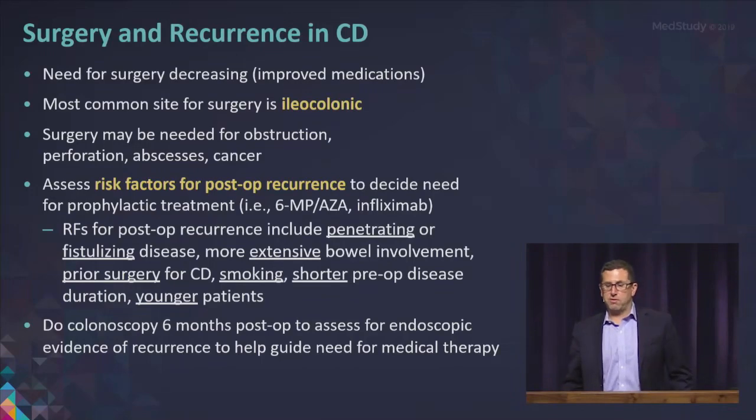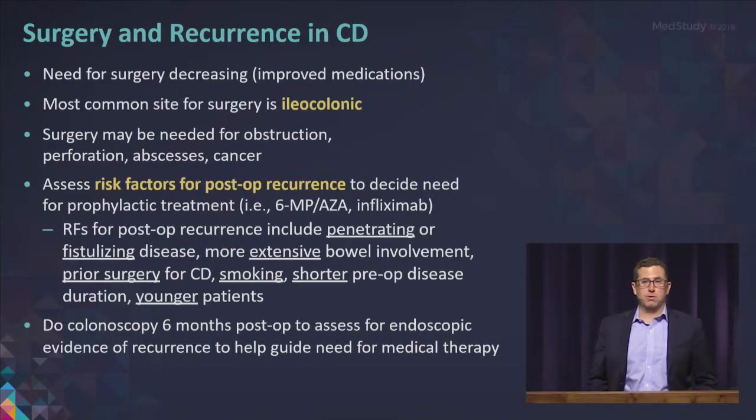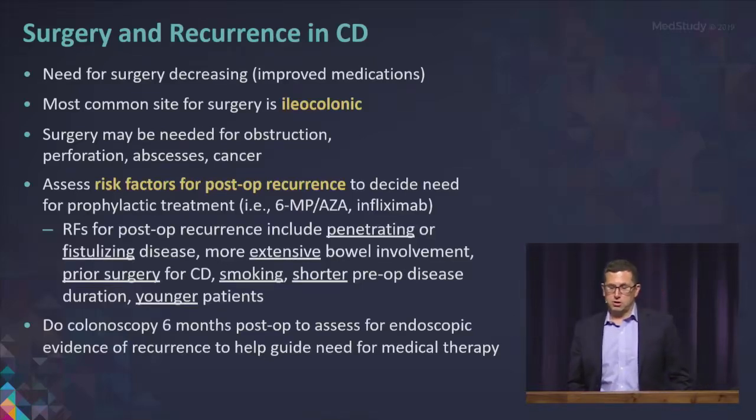So some risk factors for postoperative recurrence, I think this is fair game and important points for a test, would be penetrating disease, such as fistulizing disease, more extensive small bowel involvement, prior surgery for Crohn's disease, smoking, which will worsen the course of Crohn's disease. All Crohn's disease patients should be encouraged to stop smoking, a shorter pre-op disease duration, and younger patients.